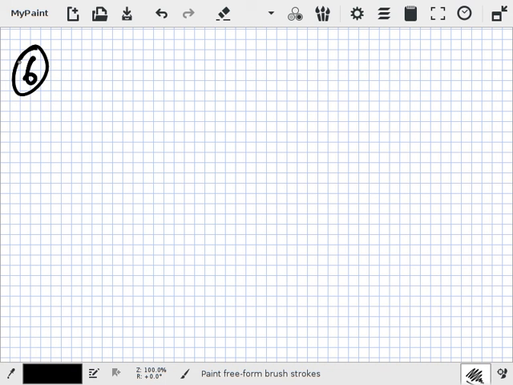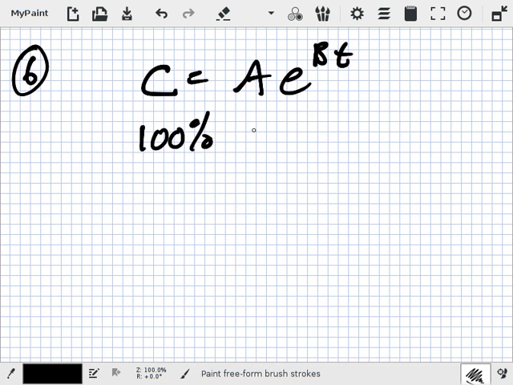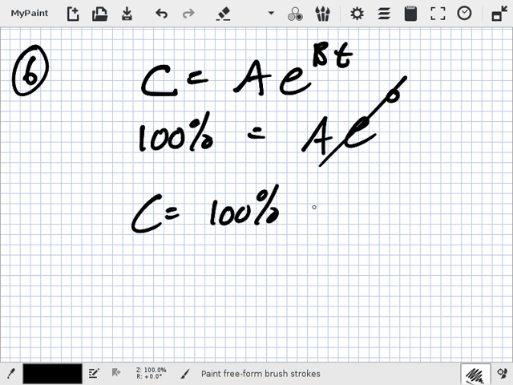How old are the scrolls? Okay, so we will have the formula, we'll say the amount of carbon is equal to A e^(Bt). So we know at the beginning there's always 100% of the carbon-14 present, so we can say 100% will equal A e^0, so we have our A. Now we're also told 5,730 years later there will be half the carbon-14.